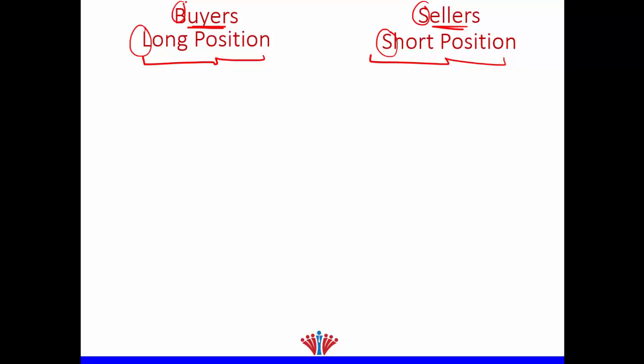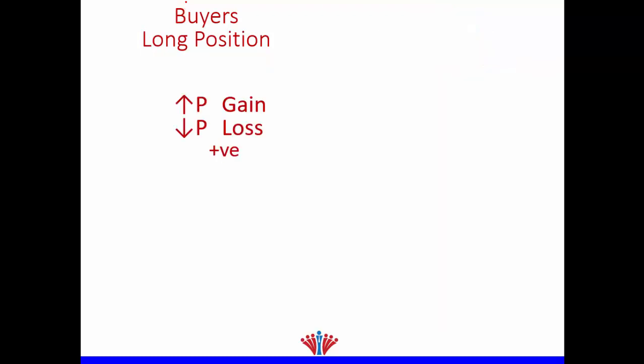So let's look at long position and different positions in derivatives contracts, such as forwards and futures. If you go into a long position, it means that you will buy. So if you will buy, this means that I will fix the price today and I will buy it in the future. Therefore, what will happen if the future price goes up?